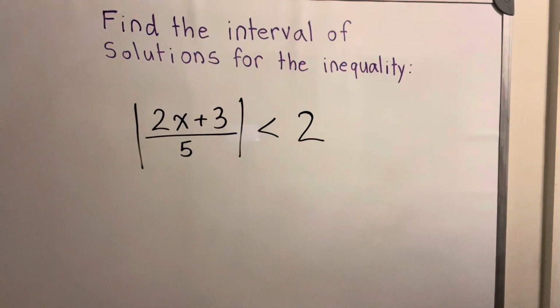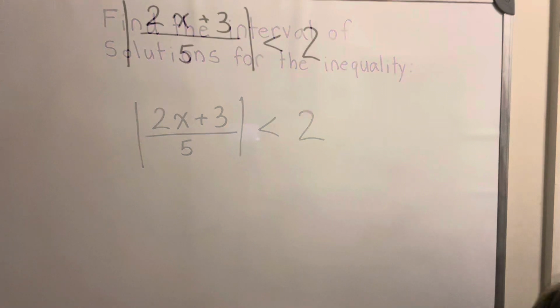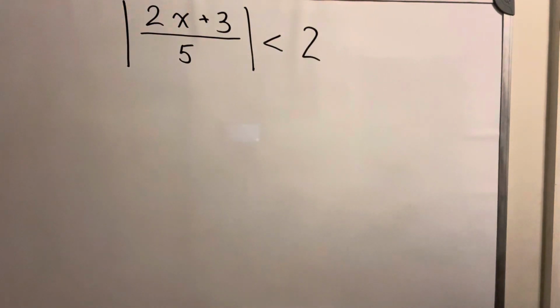In this problem, we are asked to find the interval of solutions for the inequality, the absolute value of 2x plus 3 over 5 is less than 2. So we have an absolute value of a quotient here.